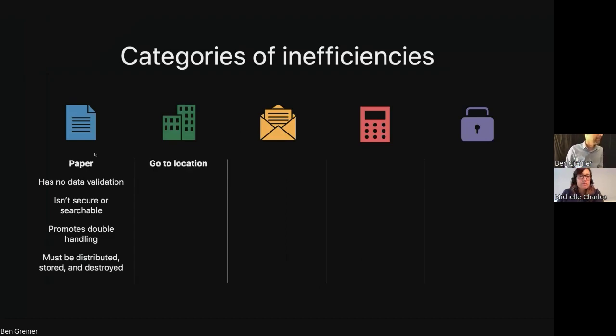Okay, the next one is go to location. And this is not something that resonates with us directly, although more so when we were working in the field. So anytime you have to send somebody to a location, how efficient is that? There could be time and response delays. Of course, there are transportation costs.